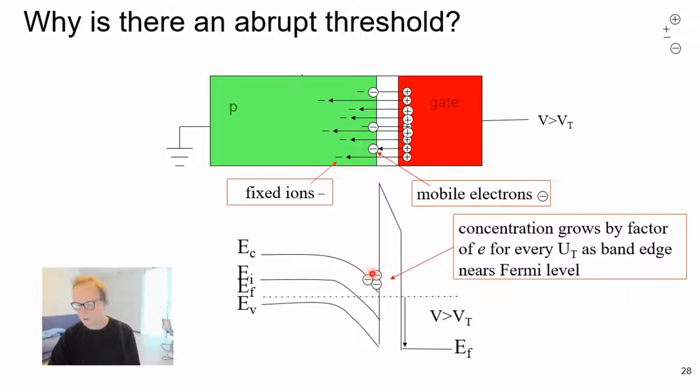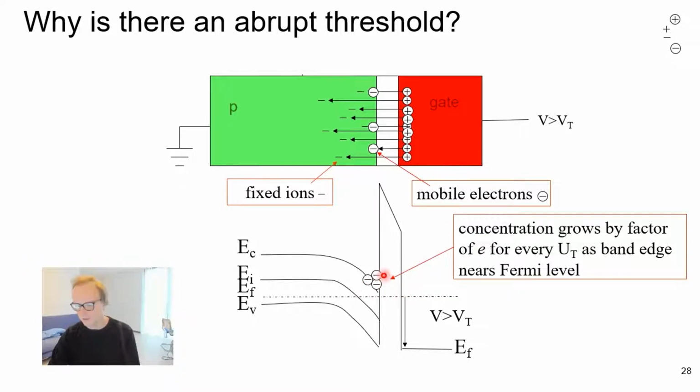Now, you see here what happens as the band edge, the conduction band here, crosses the Fermi level or gets close to the Fermi level. The concentration grows by a factor of e for every thermal voltage as the band edge nears the Fermi level. And this complete range here is hundreds of millivolts, this band bending here, but all the action here happens every 25 millivolts.